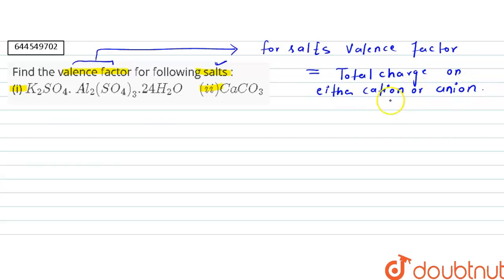Here the cation is the positively charged ion and the anion is the negatively charged ion. So for salt, valence factor is the total charge on either cation or anion.